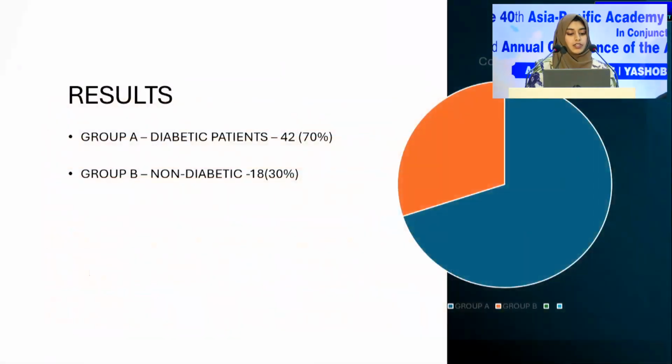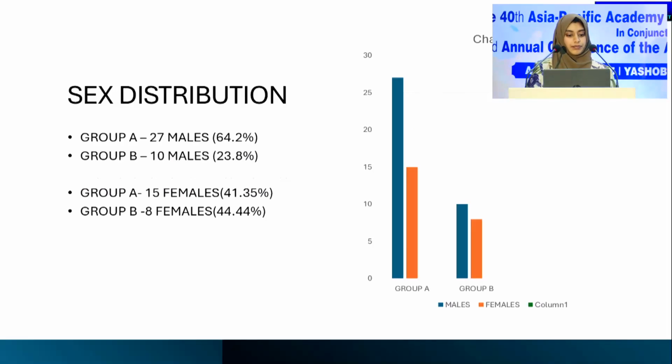Results. So in Group A, we had around 42 patients who were diabetic. Group B had 18 patients who were non-diabetic. So in Group A, around 64.2% were males, while 41.35% of them were females, whereas in group B, around 10 males and 8 females.